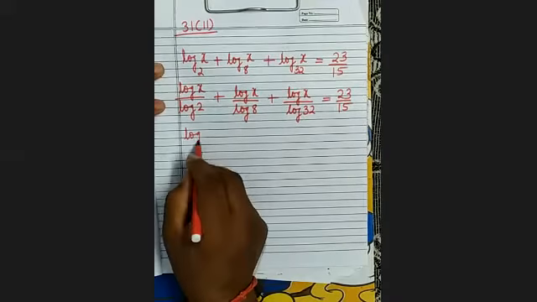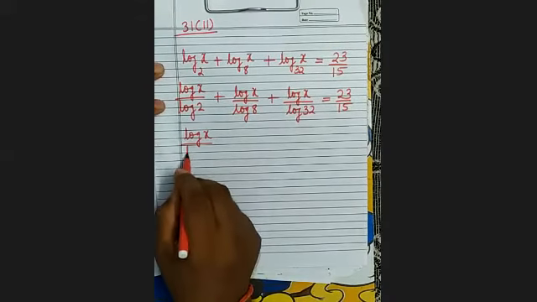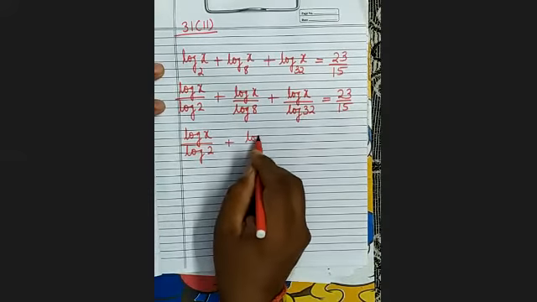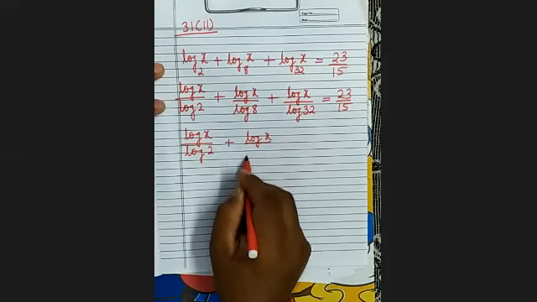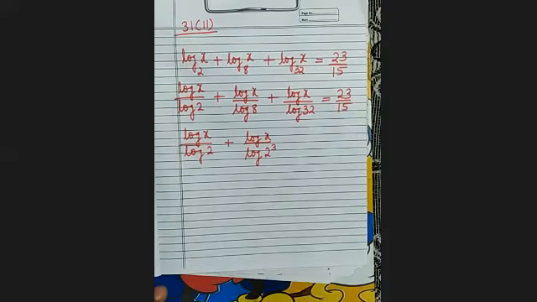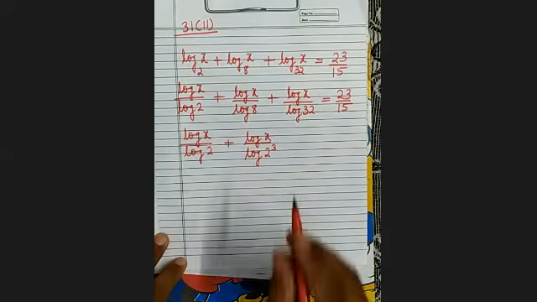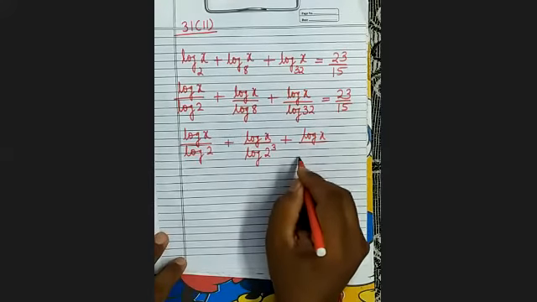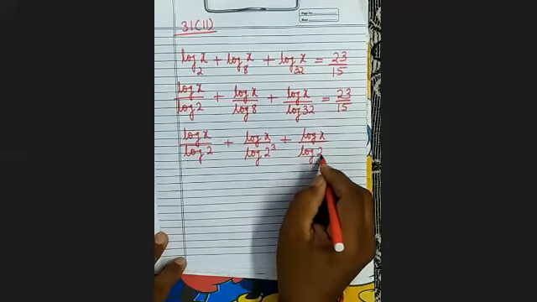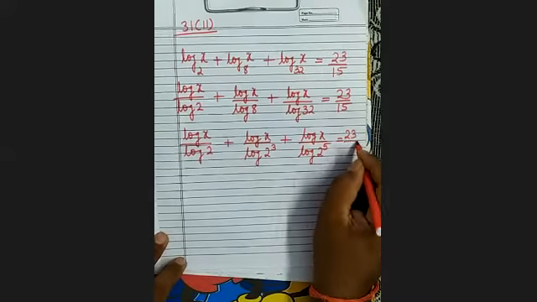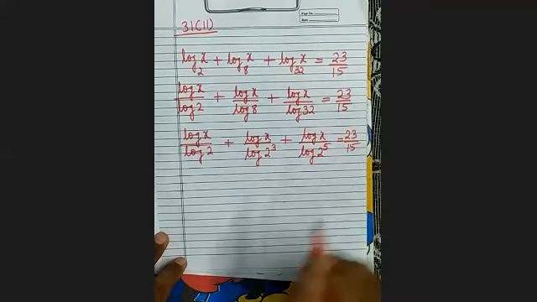So it will be log x upon log 2 plus log x upon log 2 cube, since 8 means 2 cube, plus log x upon log 2 to the power 5, equals 23 upon 15.